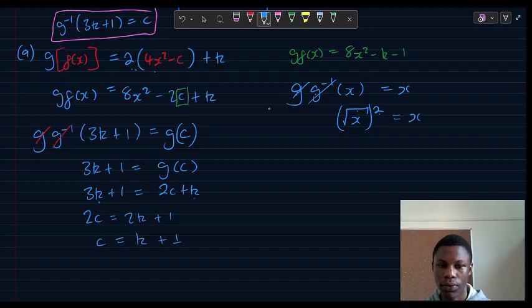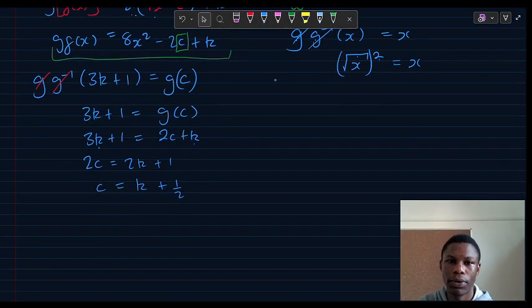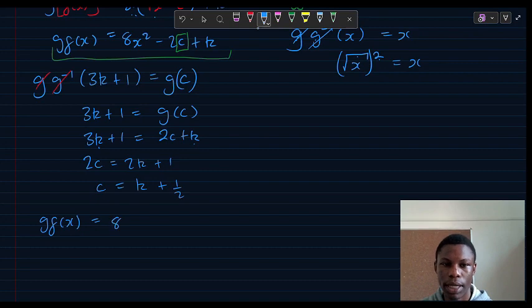And so we can come back to our expression here for gf of x and substitute c with k plus 1 over 2. So we can say that gf of x is equal to 8x squared minus 2c, but we now know that c is k plus 1 over 2, plus k.